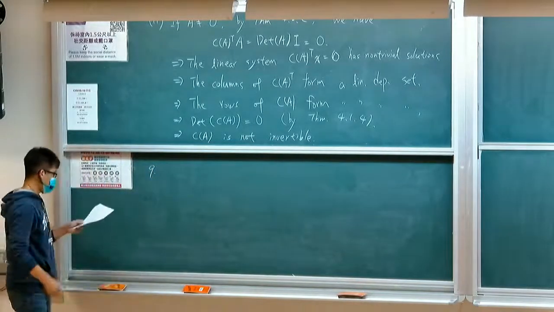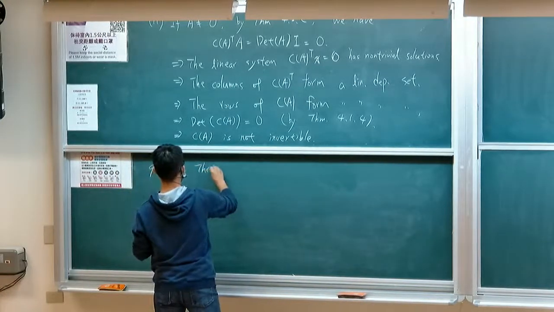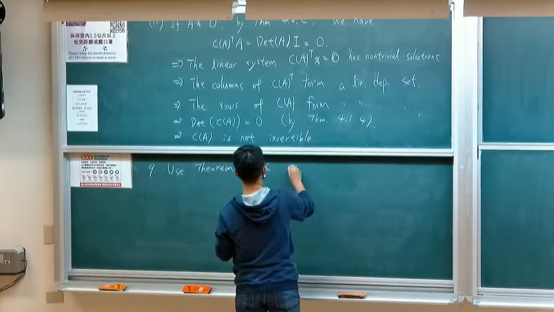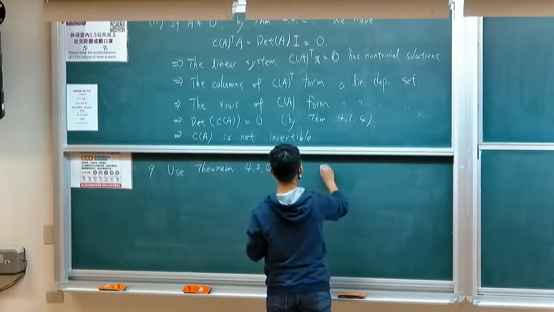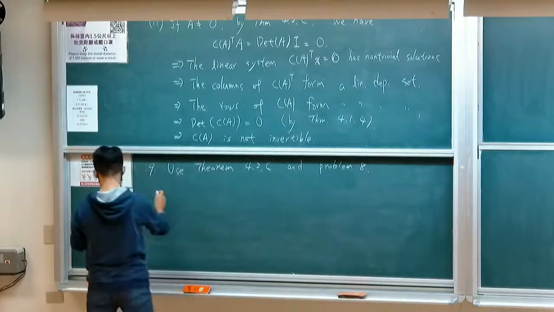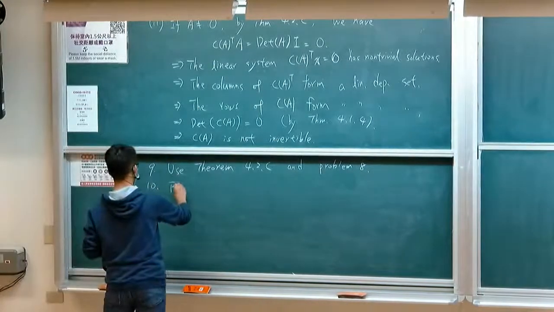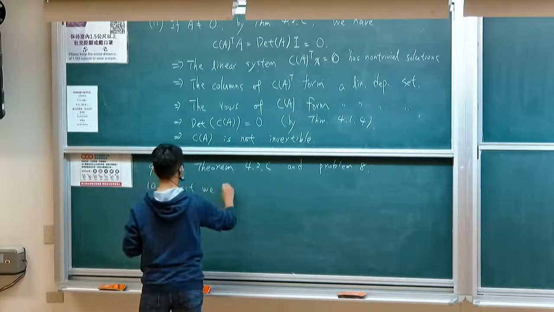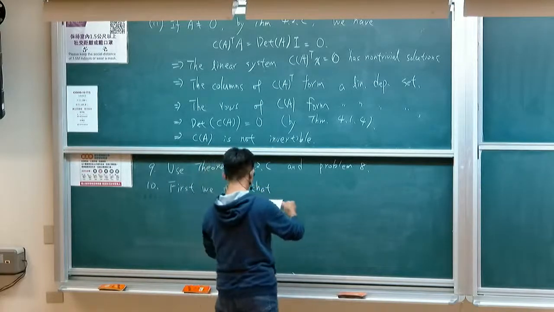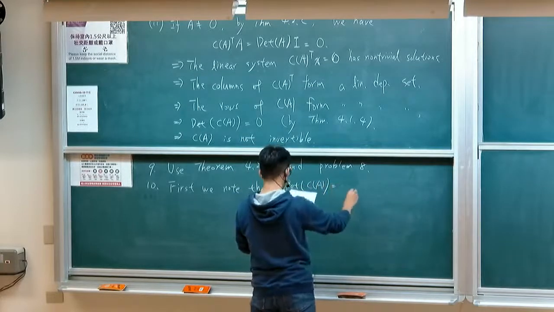For exercise 9, you can just use theorem 4.2.c in the lecture notes and use the previous exercise. Okay, first we know that the determinant of A's cofactor matrix is 3.